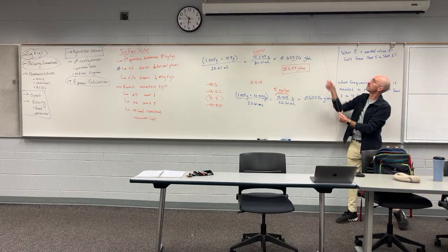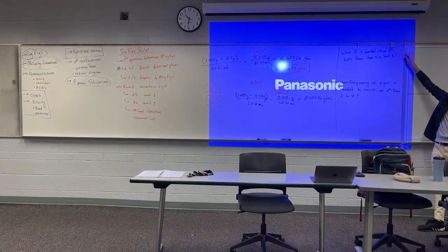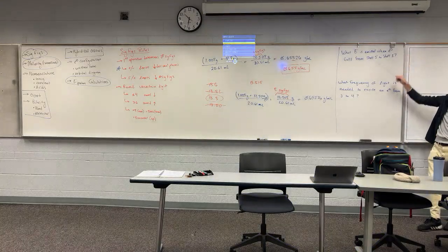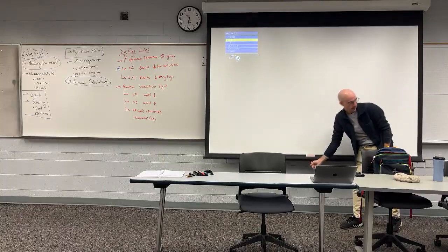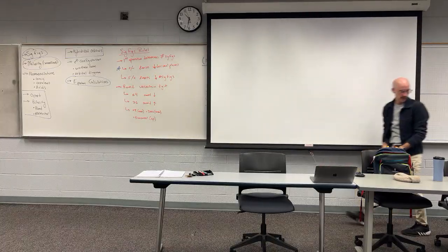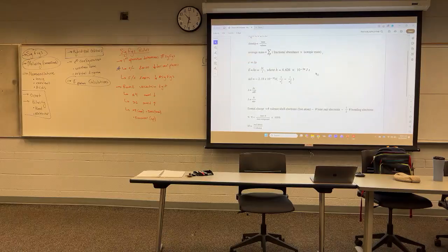I'm going to wait for this to turn on so that you guys can keep copying this if you need to. But otherwise, I'll pull this down and I'll ask you guys, which equation should I use? Gabriel.